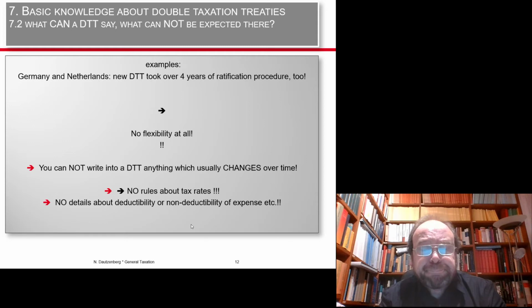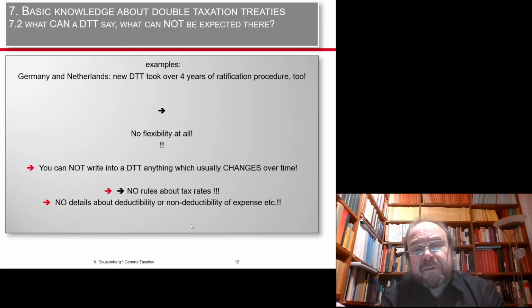So, no rules about the tax rates, because you might feel the need to increase them or you might want to lower them. And that's not possible if, for example, you lay down in the treaty Germany-USA that the corporation tax rate in Germany for the American firm would be 15%. If you would like to increase it to 20, you would have to renegotiate that article of the treaty.